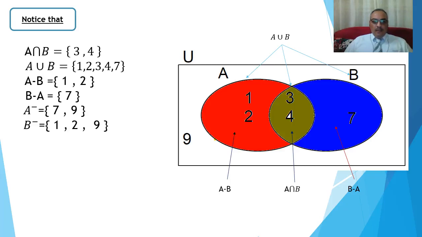So A dash, the complement, is all elements outside A: 9 and 7. B dash, all elements outside B, is what? 1, 2 and 9. Outside B: 1, 2 and 9. Okay?